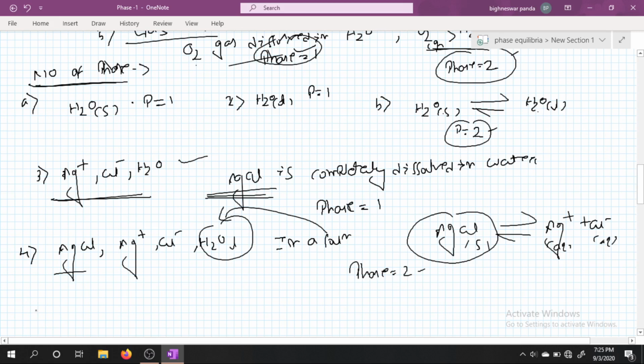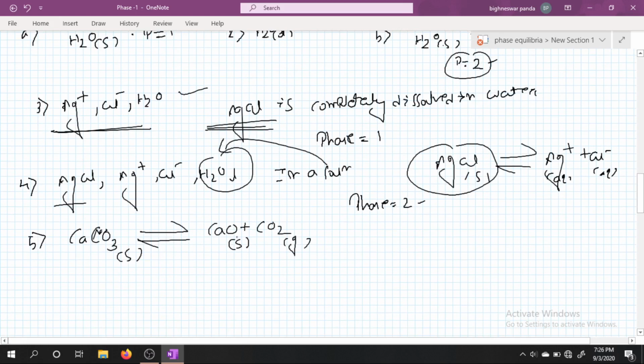Let us consider another case. Calcium carbonate dissociates into calcium oxide plus carbon dioxide. Calcium carbonate is solid, calcium oxide is also solid, and carbon dioxide is gas. So in order to calculate phase, calcium carbonate partially dissociated, so it is one type of solid, it is another type of solid, it is gas.